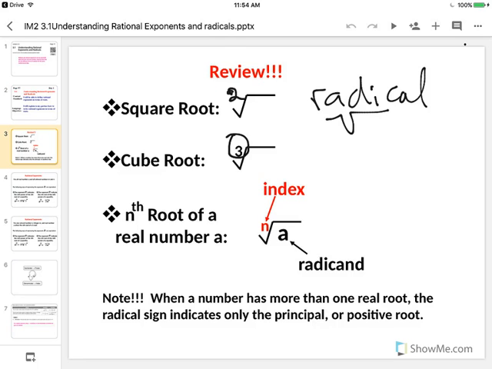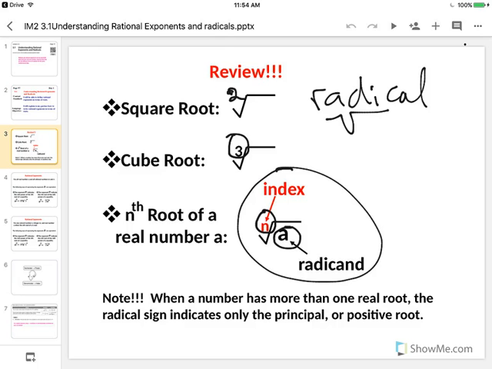Now the nth root. So the nth root is this notation. This upper right-hand number is called the index, and the number inside the radical is called the radicand. Note, when a number has more than one real root, the radical sign indicates only the principal or positive root.